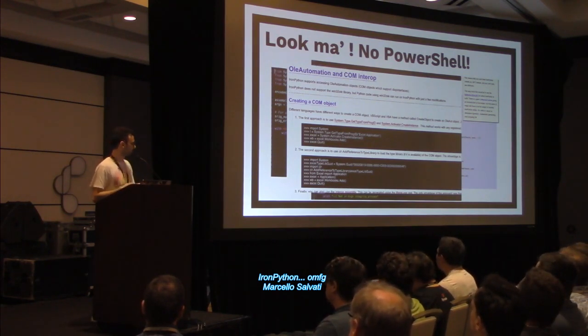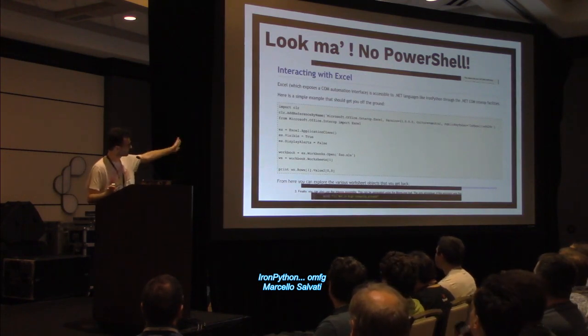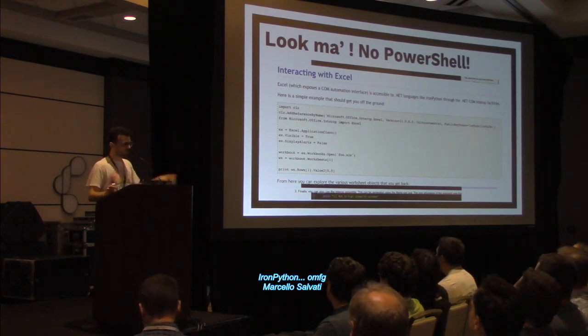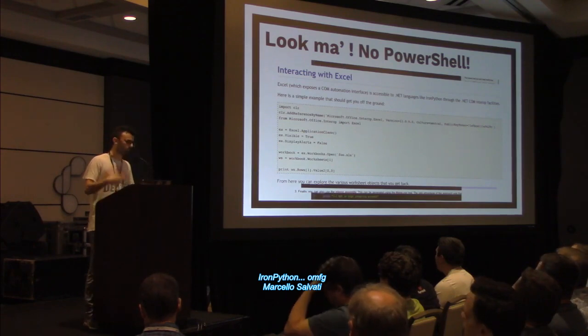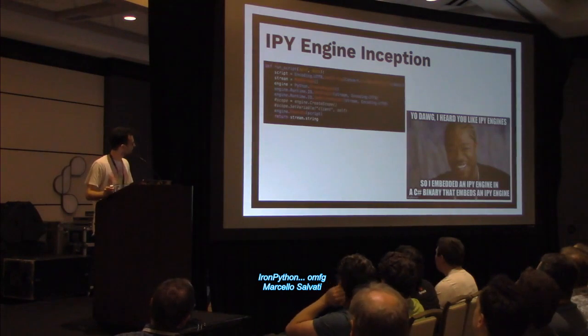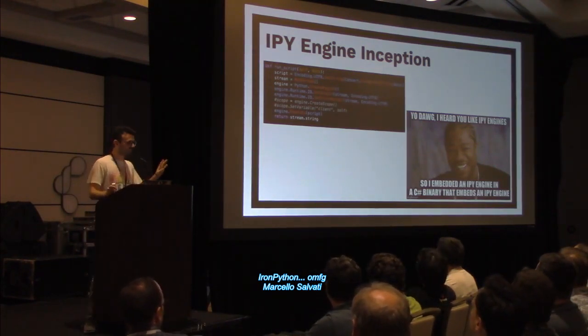All dynamically, all scripted through IronPython. This is a direct example from one of the websites online, which is literally showing you, hey, you can just import clr, import interop, call the Excel COM object, and do whatever you want at that point. And I've actually weaponized this, and there's an Excel shellcode inject module in the tool that I'll be releasing. But it goes even further.